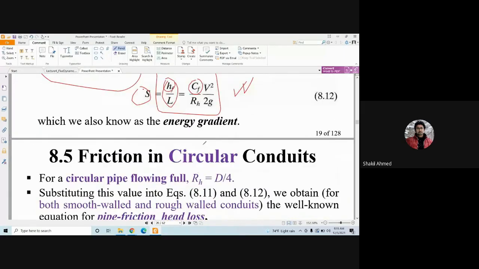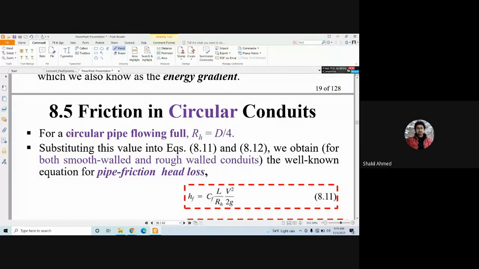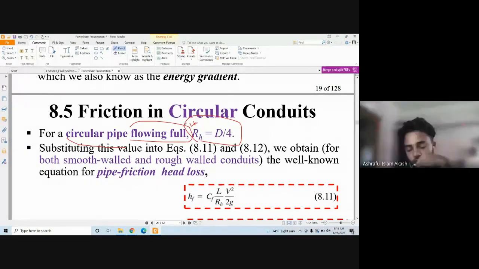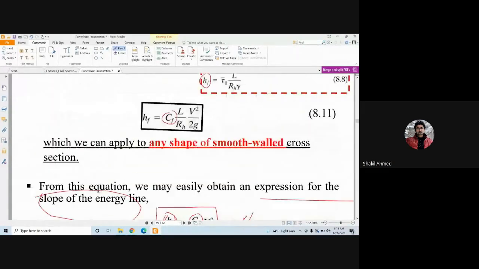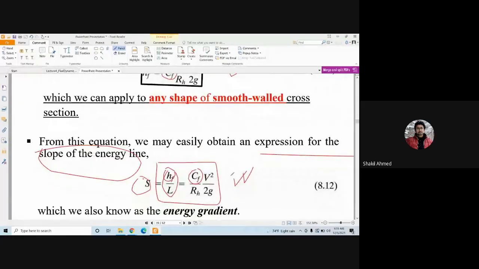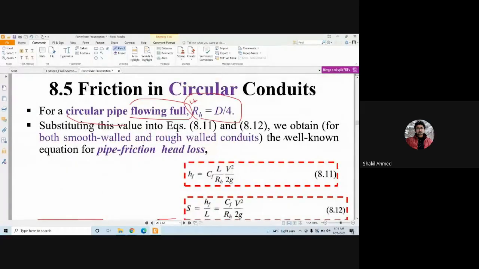Now, if it's a circular pipe flowing full, then we know that RH equals D by 4. We just derived it earlier today, right? RH equals D by 4 or R by 2, remember? Now, substituting this value in equations 8.11 and 8.12, we obtain for both smooth wall and rough wall the well-known equation for pipe frictional head.